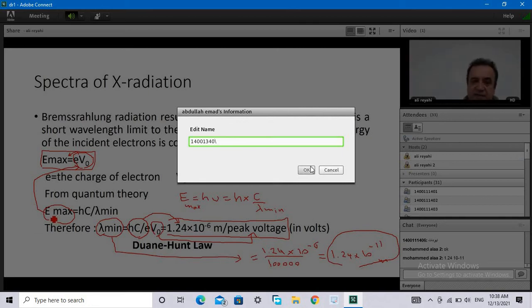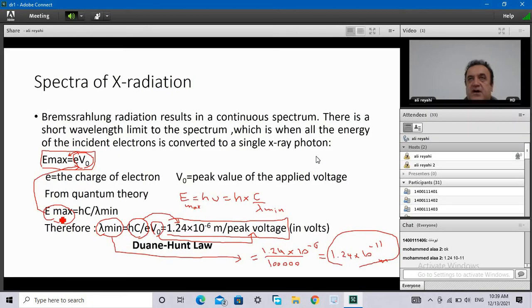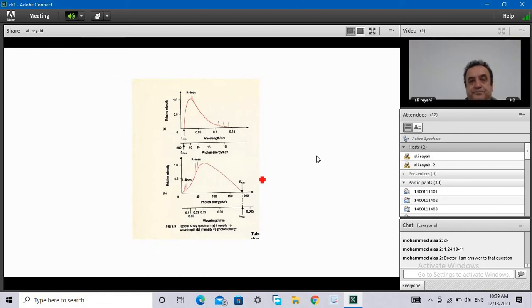On the other hand, the energy of a photon, the energy of X-ray, is equal to Hc divided by wavelength. If this is the maximum energy, lambda will be the minimum wavelength. So lambda minimum equals Hc divided by eV0, and by placing the right numbers, we find this important formula. You must keep this formula in mind.